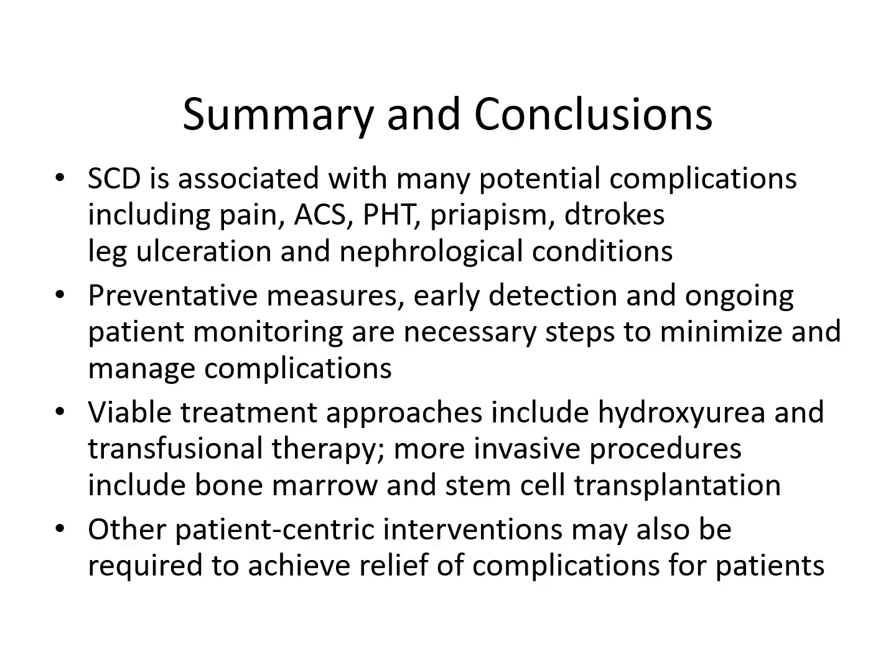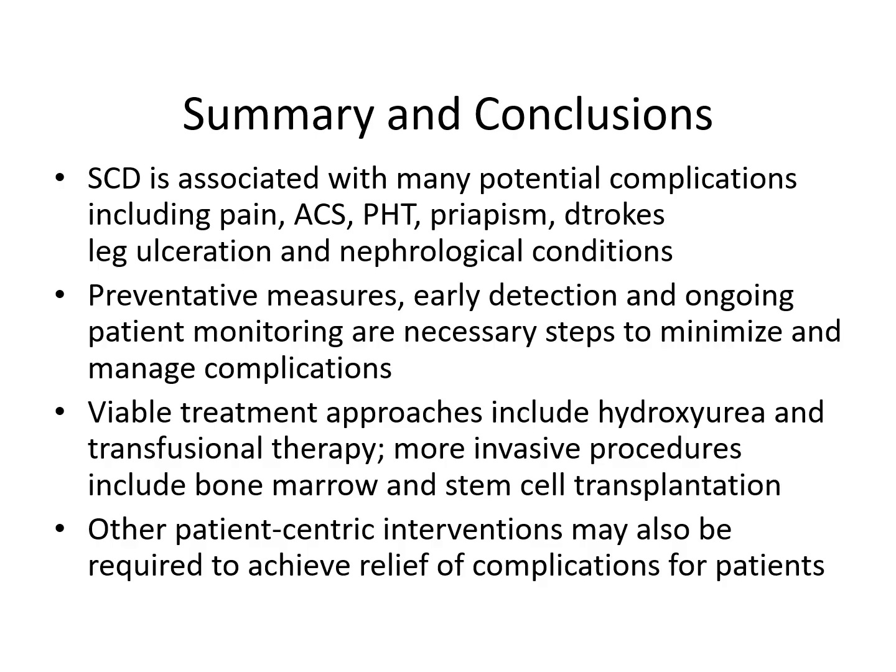So, in summary, sickle cell disease is a genetic disease associated with many potential complications, including pain and acute chest syndrome and strokes. Preventive measures, early detection, and ongoing patient monitoring are necessary steps to minimize and manage complications.